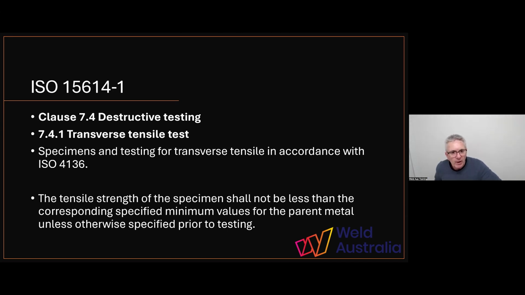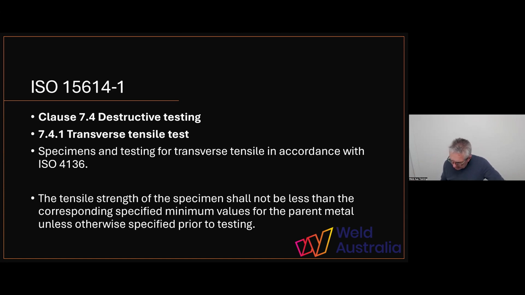So they reference those ISO standards and those particular pieces like a transverse tensile test. The information comes from 4136, and naturally any lab that's doing any testing for you naturally does the samples to what the required size is. So transverse tensile bends.